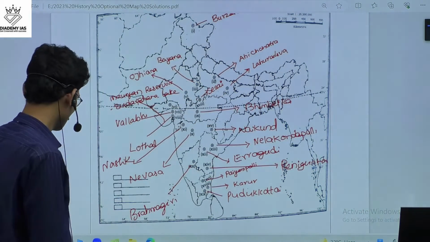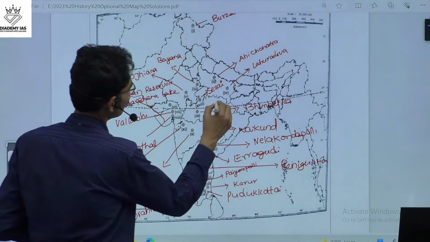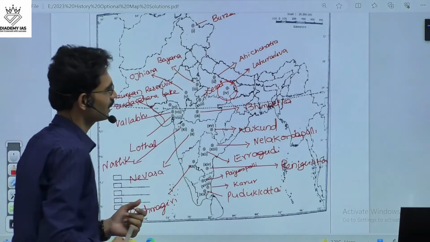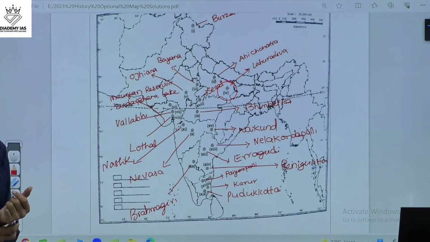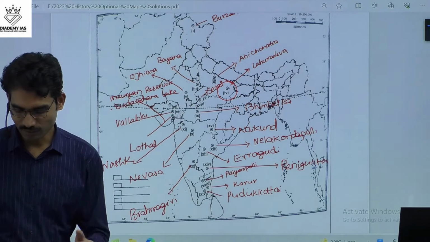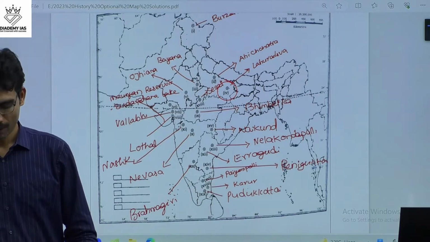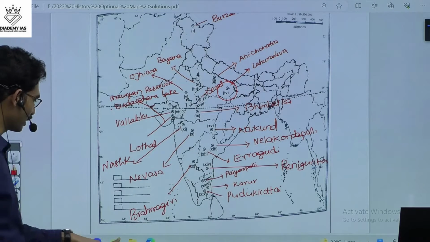Next, fourth one. You see here, in this location, it is saying site of botanical remains.